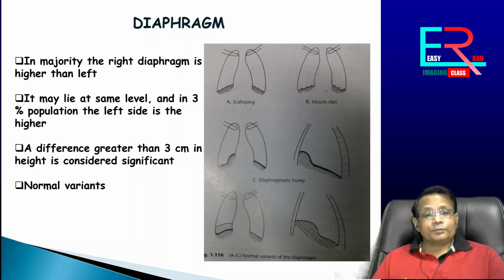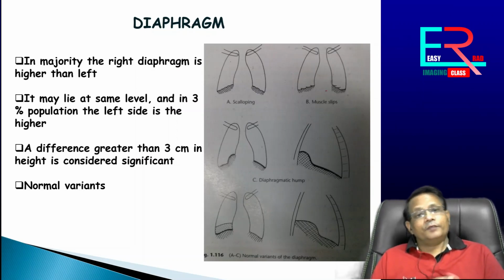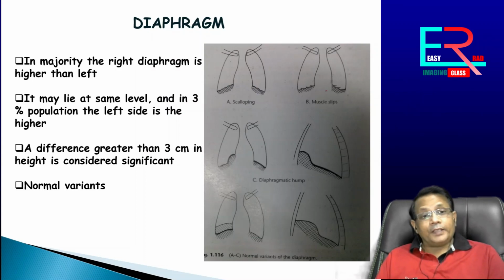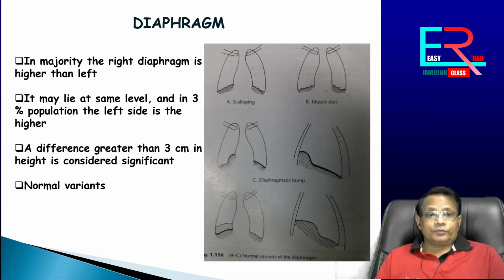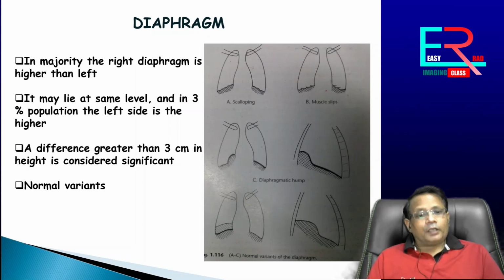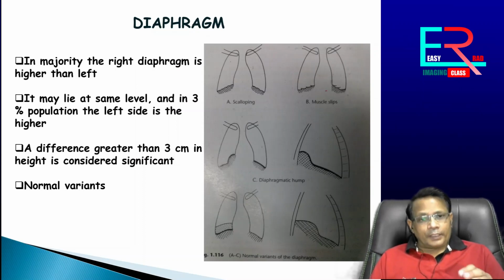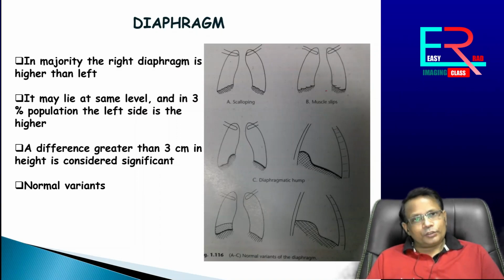In case of dextrocardia, the liver is on that side, and you will find the right dome of the diaphragm lower down, even though the liver shadow is on the right side. So the lowering of the diaphragm, left or right, is due to the weight of the cardia, not due to the liver. Keep this in your mind.